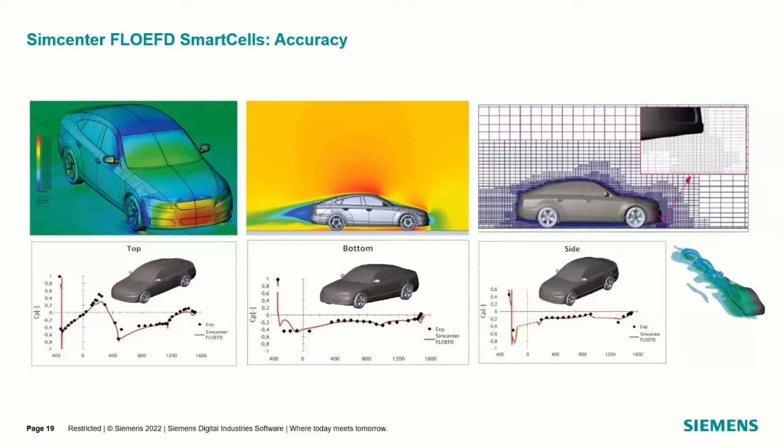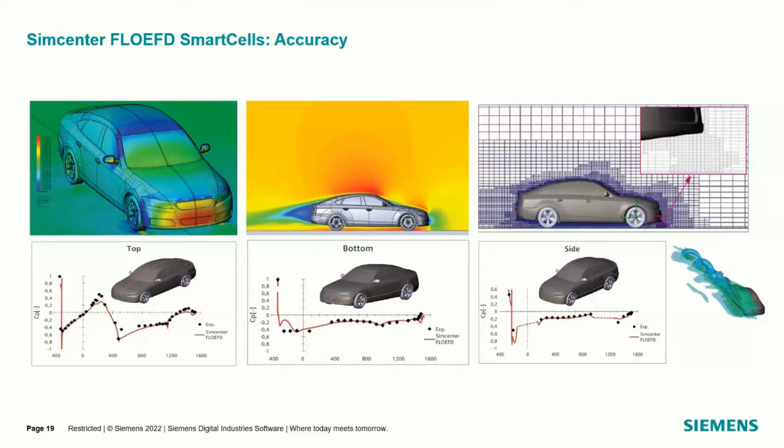I'm not saying for certain that FlowEFD was more accurate here. It's just measuring on a different scale. But from an overall perspective, they found that this was much better than, quote unquote, engineering guidance.